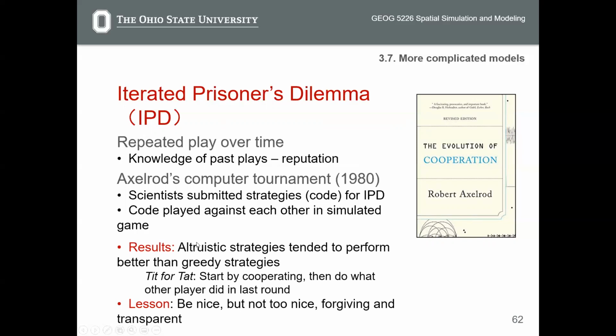And the results: altruistic strategies tended to perform better than greedy strategies. You should start by cooperating, although cooperating may bring punishment to you, but then do what the other player did in the last round. This is the result from this tournament.